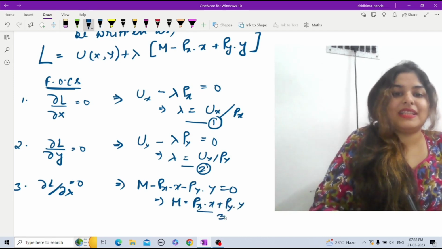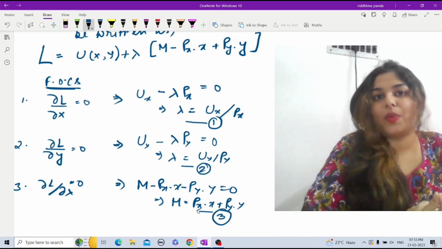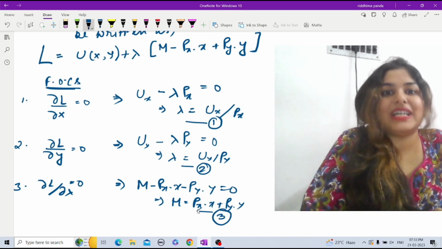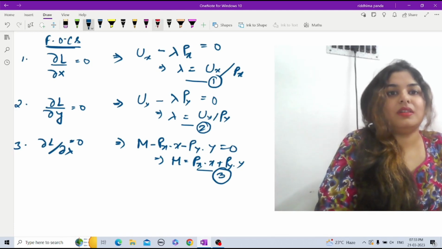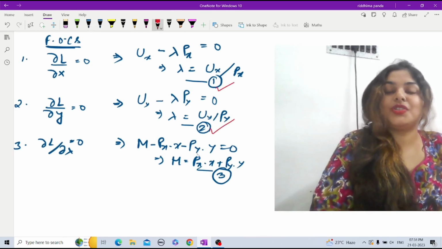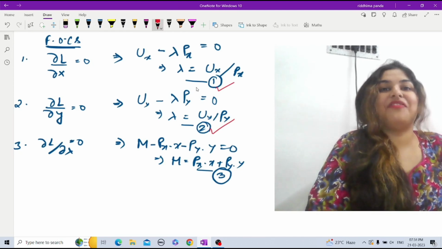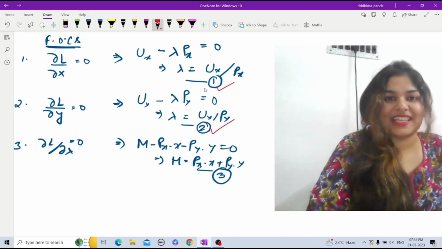So this is the third equation, and this is the original budget line equation. So these are our first order conditions. Now using these two conditions, condition 1 and condition 2, I'm going to compare them and find out the relation between x and y.